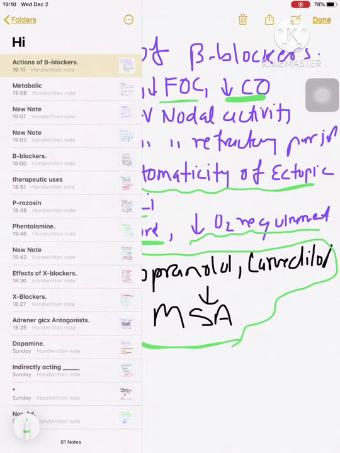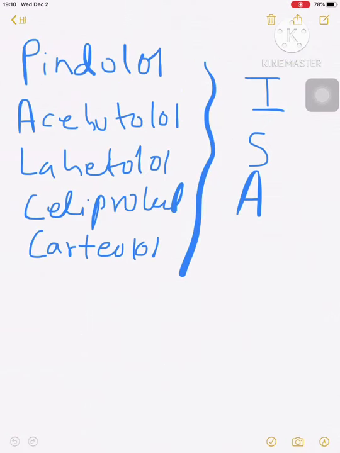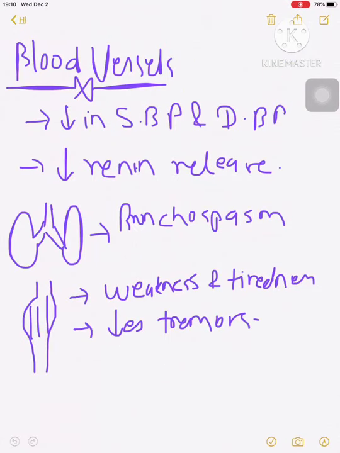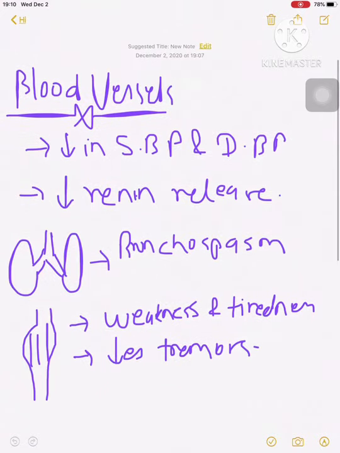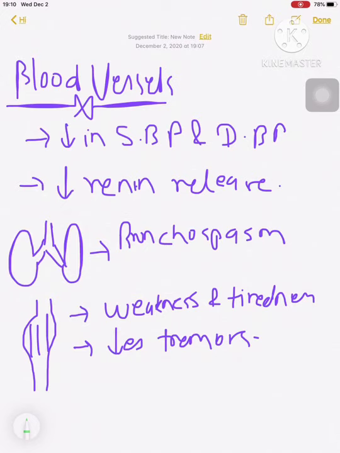Next, we'll discuss the action on blood vessels, which have beta 2 type of receptor. Basically they decrease both systolic and diastolic blood pressure. But remember, initially due to beta blockade, there occurs unopposed alpha 1 action, increasing the total peripheral resistance.